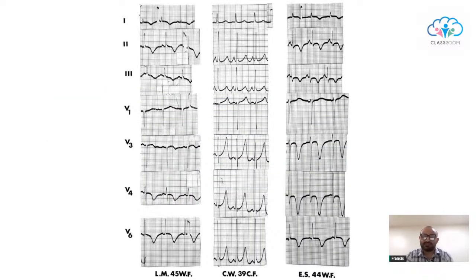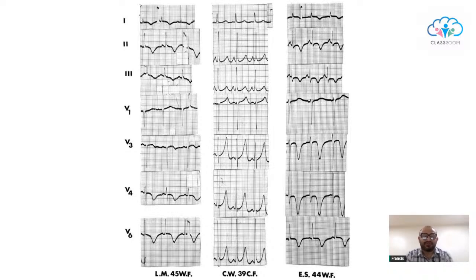These are three ECGs taken from three middle-aged ladies who all presented with ischemic strokes. You can see that all of them have repolarization abnormalities.